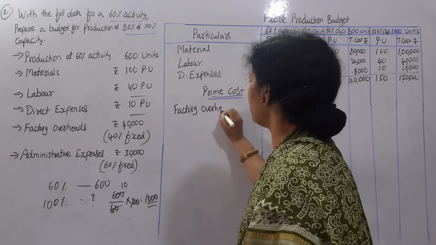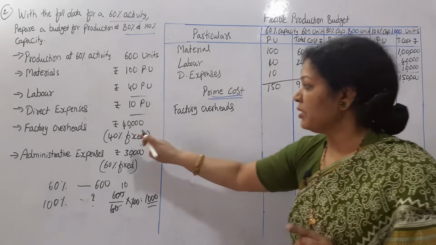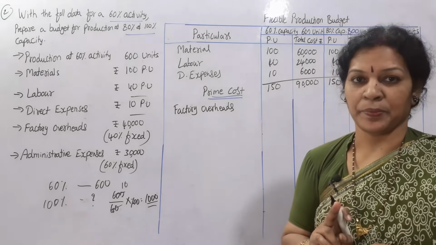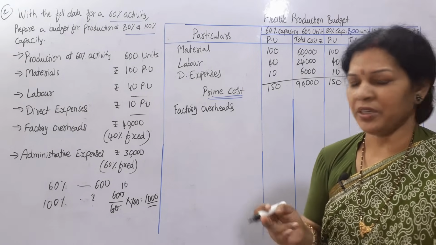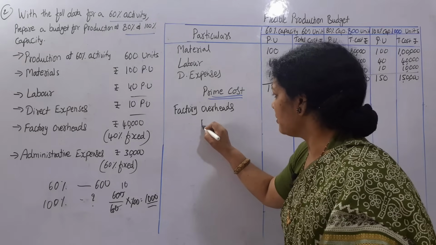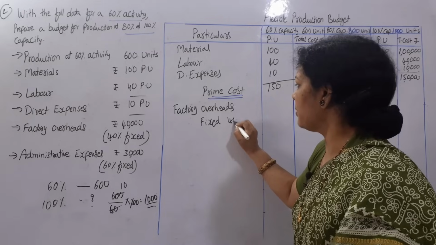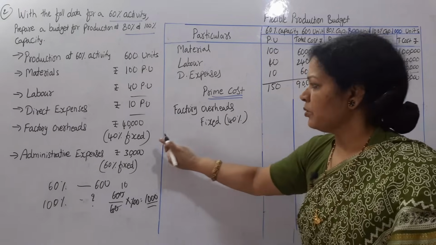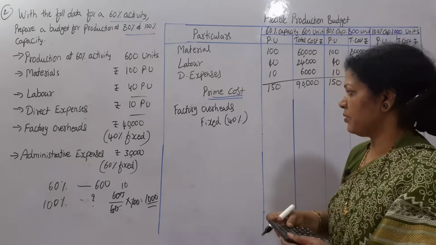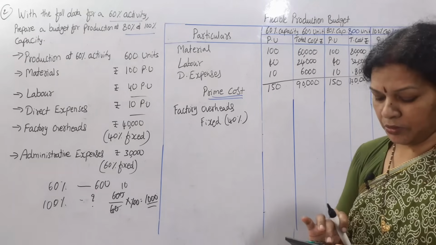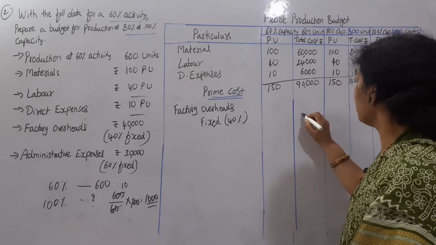Factory overheads. It is given to us 40% fixed and 60% variable, understood. So fixed is 40%. 40,000 into 40% comes to 16,000. 16,000 we'll write.